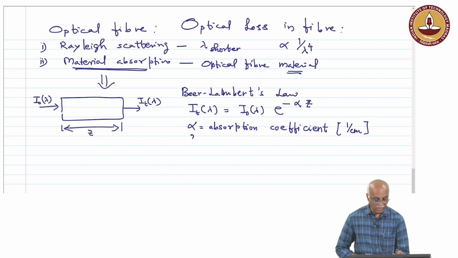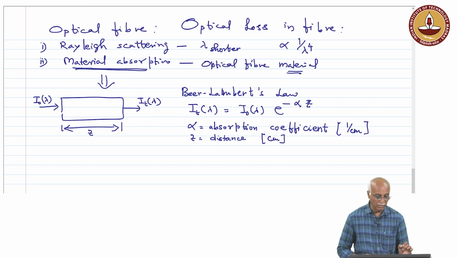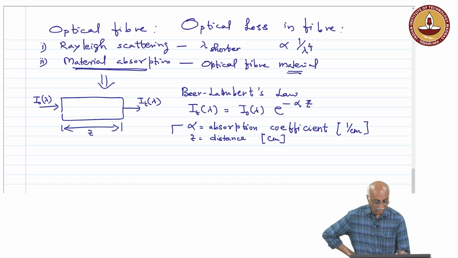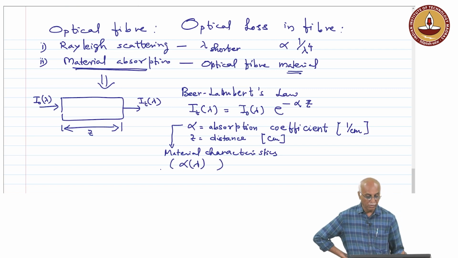Z is the distance it is traveling through the medium, and its unit is also accordingly centimeter or meter, millimeter, etc. Now this alpha has various aspects, but it is based on material characteristics, okay, and depending upon the wavelength, the alpha values will be different.